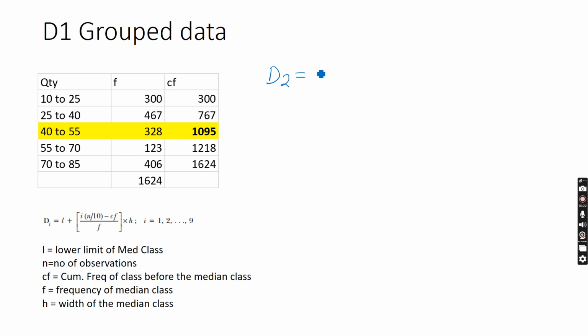So how do I calculate D2? i into n, that is, say, 2 multiplied by 1624, divided by 10 equal parts. If I do this calculation, my decile position is 324.8. Let me reconfirm the calculation: 1624 multiplied by 2 divided by 10.